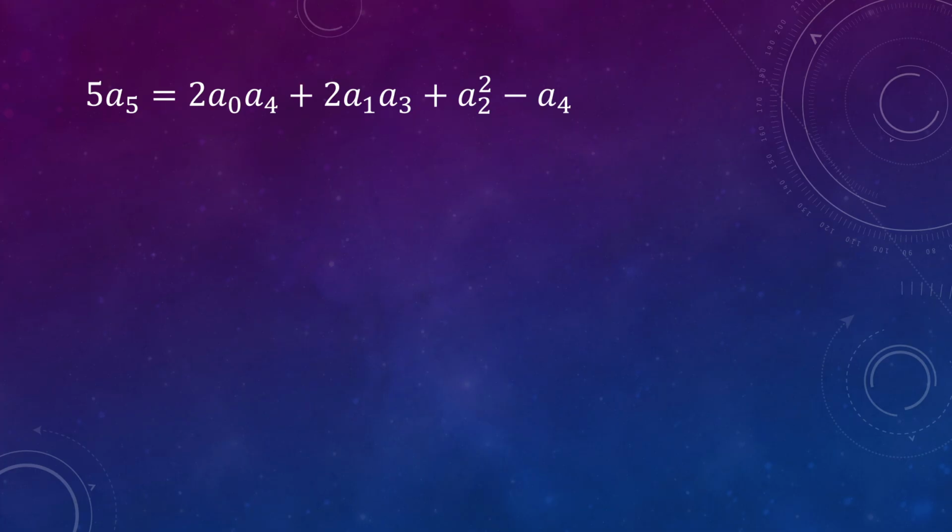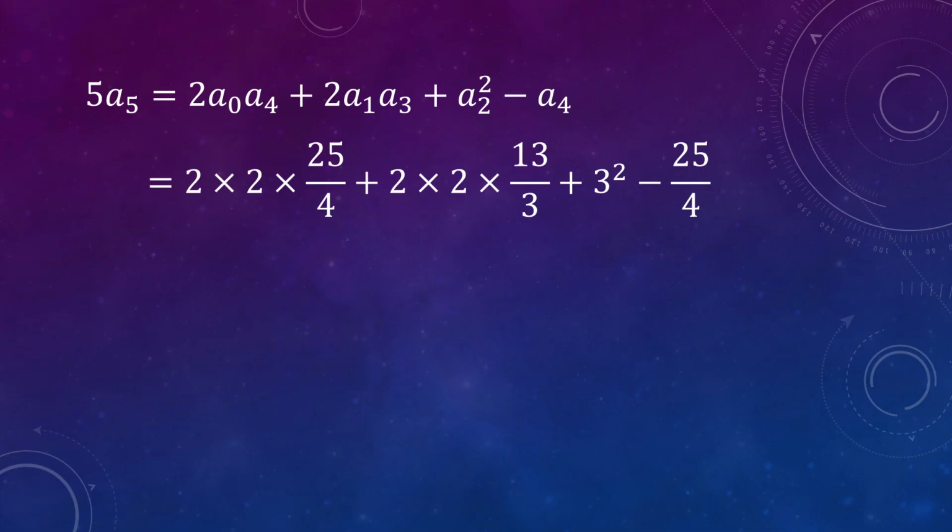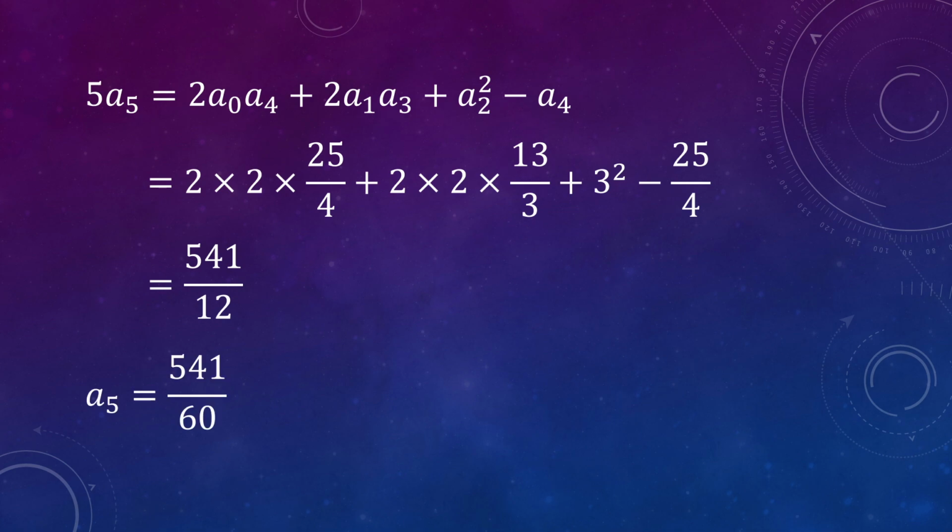Now 5 times a5 equals this. Substituting the values of a0 up to a4, we get this, which when simplified will become 541 over 12. So 5 times a5 is 541 over 12. So a5 will be equal to 541 over 60.